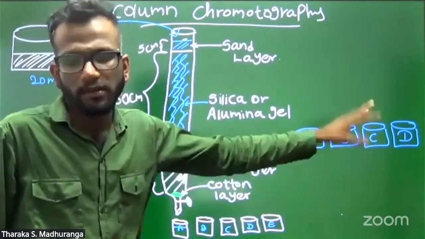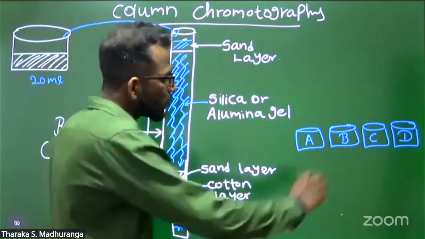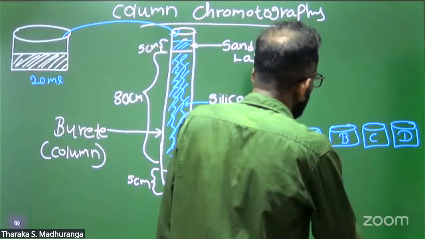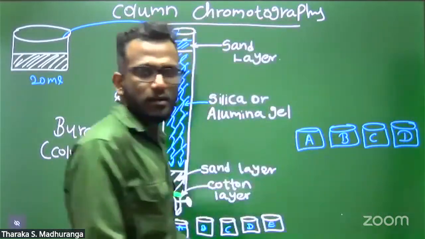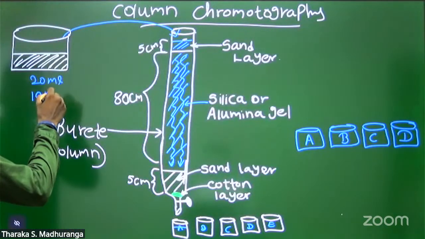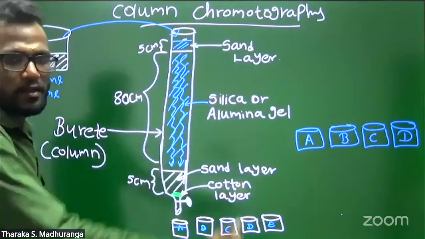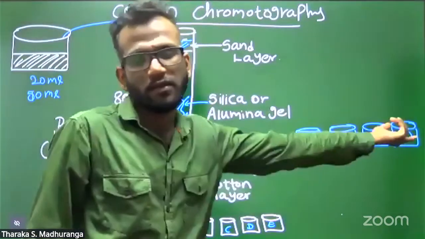If you want, you can get more test tubes, more small 5 milliliter cups. If the crude product is 100 milliliters or 50 milliliters, you can find 10 cups and separate it into 10 parts.